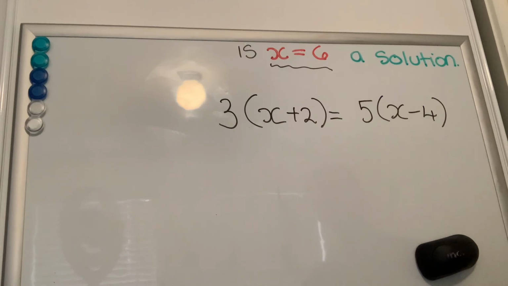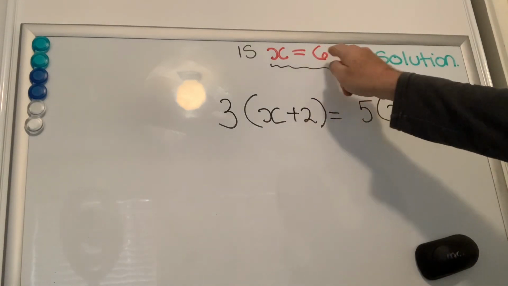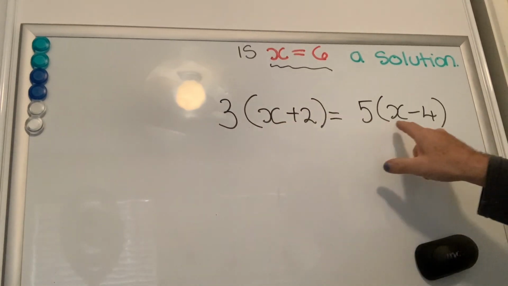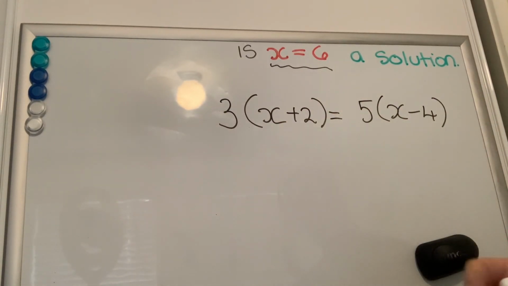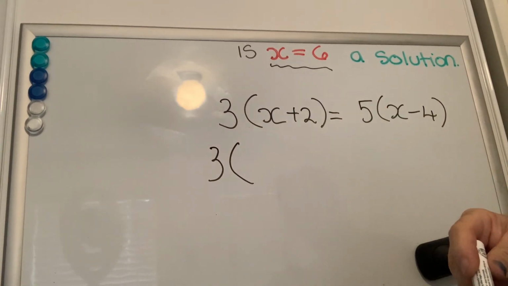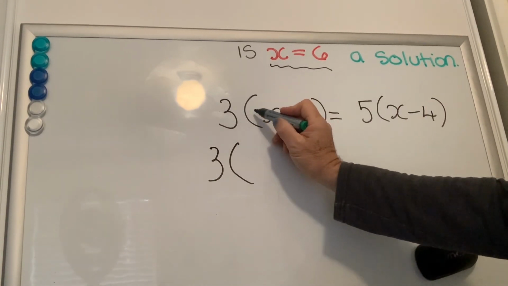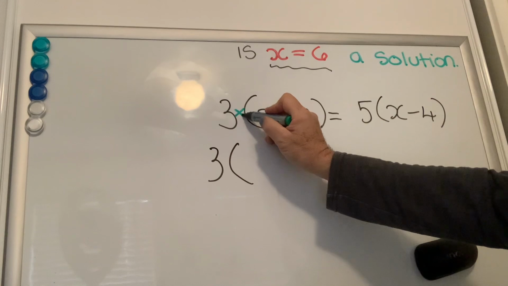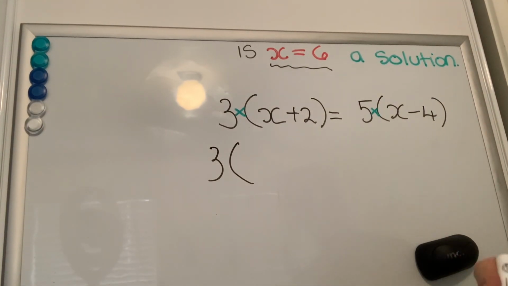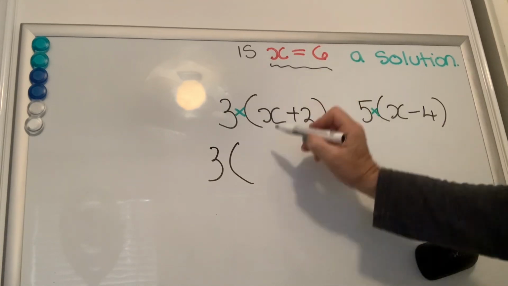The same thing. Let's substitute x equal to 6 into where we see x. So we actually say 3 in brackets. Now remember, when we have the 3 and the bracket, that's a multiplication sign in there. Let's not forget that. And we have the value of 6.